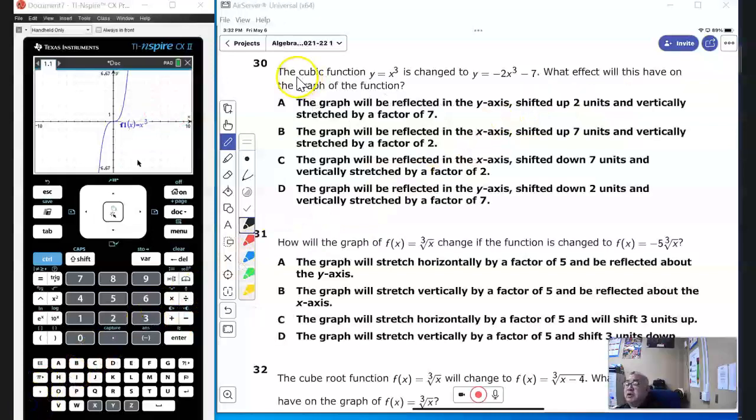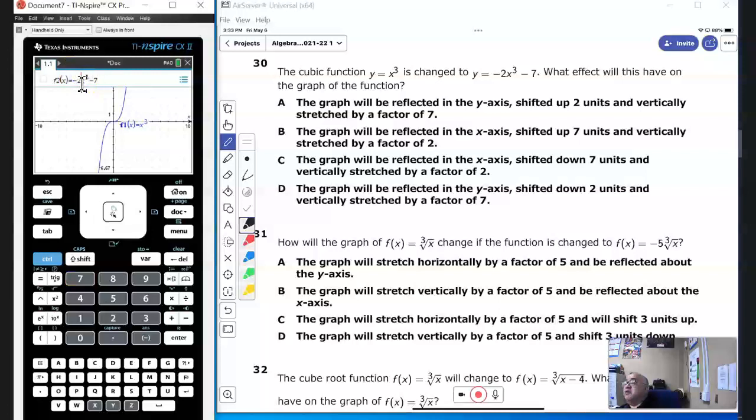Once again, we have to describe the transformation. The cubic function y equals x cubed is changed to negative 2x to the third power minus 7. Now, the negative is going to reflect it over the x-axis.